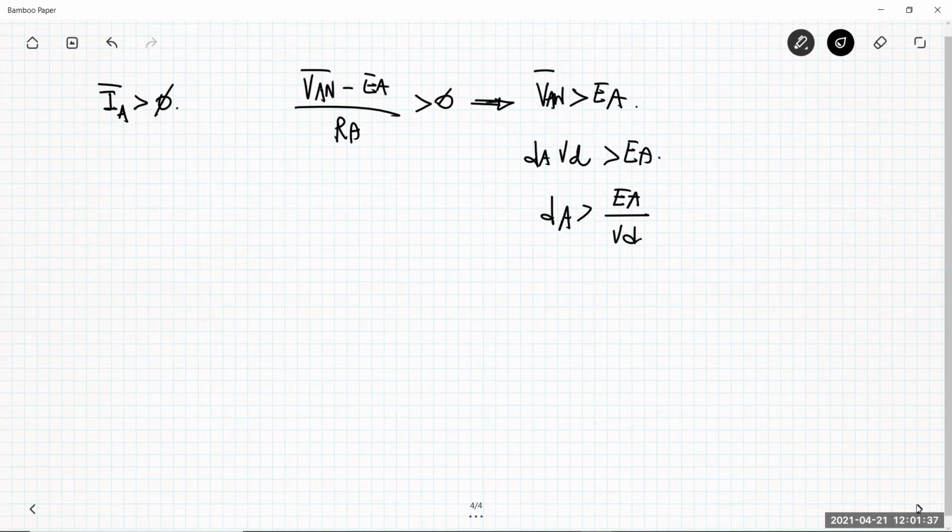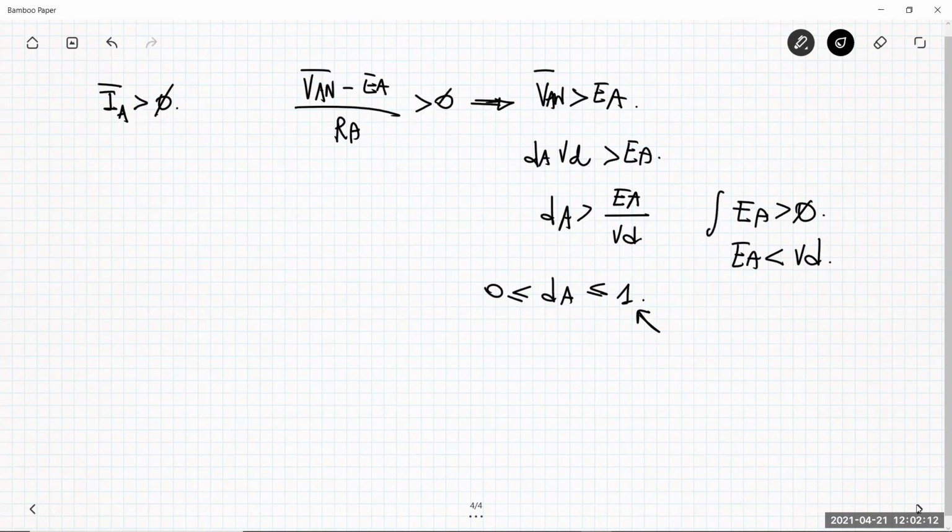Remember that the duty cycle is a quantity that should be greater than 0 and less than 1. So what does it mean? According to this basic definition, it means that EA should be positive, because if it is negative, it's not possible to have a duty cycle higher than a negative quantity. And EA should be less than VD in order for the ratio to be less than 1.